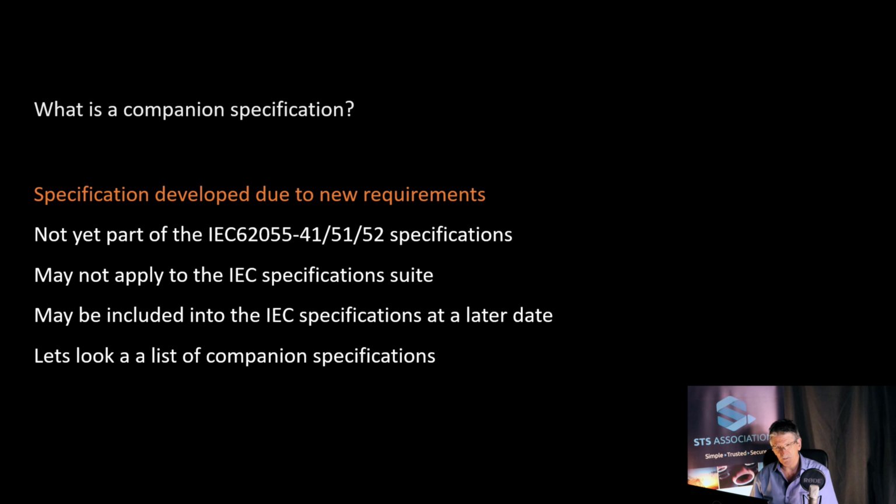So those are specifications developed by receiving input from the marketplace, requests from customers, requests from manufacturers or members of the association that want something added or different functionality specified. That's what a companion specification is.